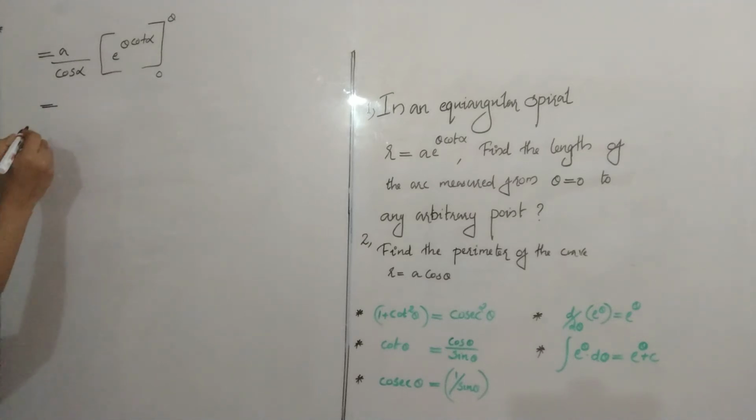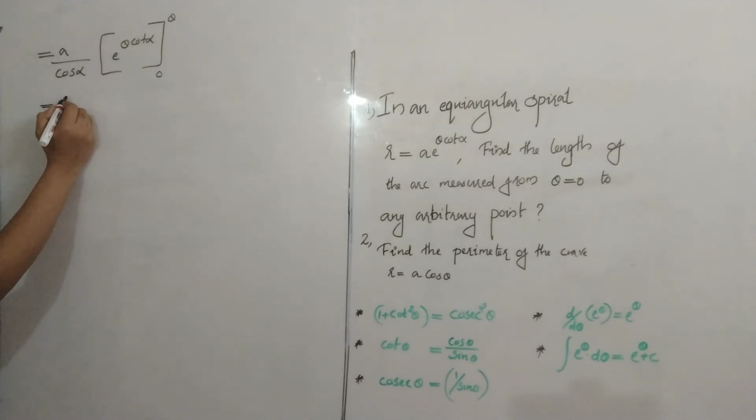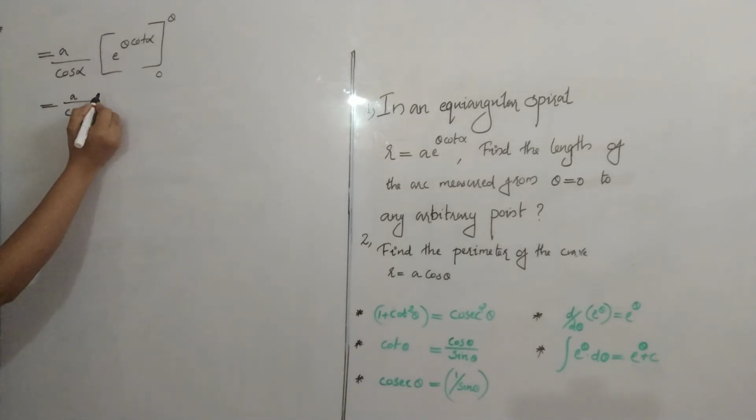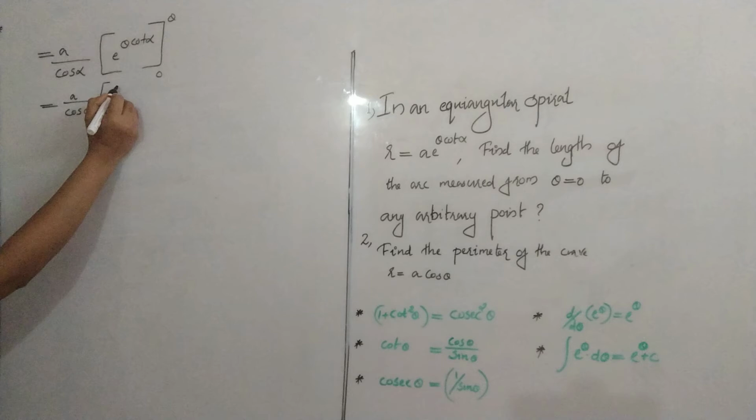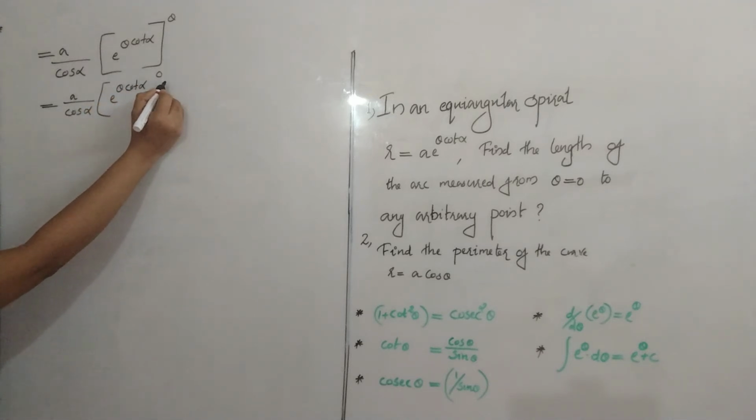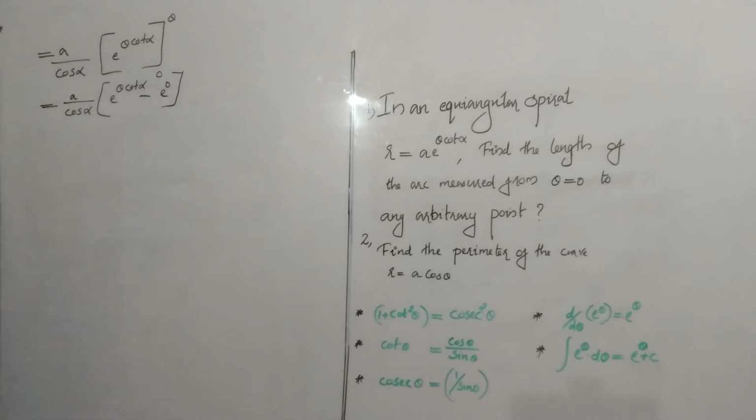Now apply the upper and lower limits, then we get a divided by cos alpha into e raised to theta cot alpha minus e raised to 0. e raised to 0 is 1.